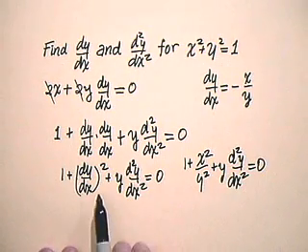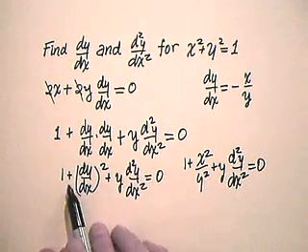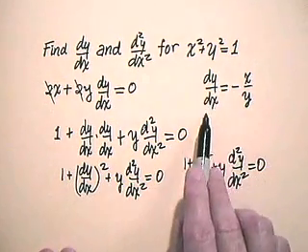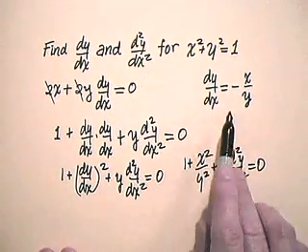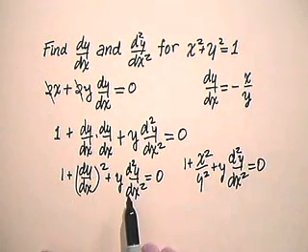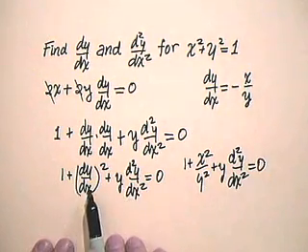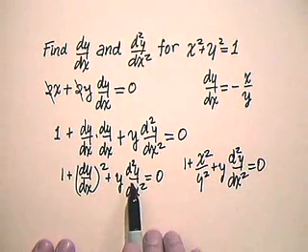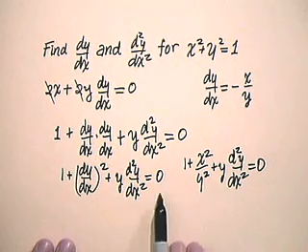You see, no matter how bad this expression got in terms of dy/dx, since I've already found dy/dx, I'm just going to replace it everywhere by its expression in terms of x and y. And the result is some possibly bigger and more complicated equation, but it's still easy to solve for d squared y/dx squared.